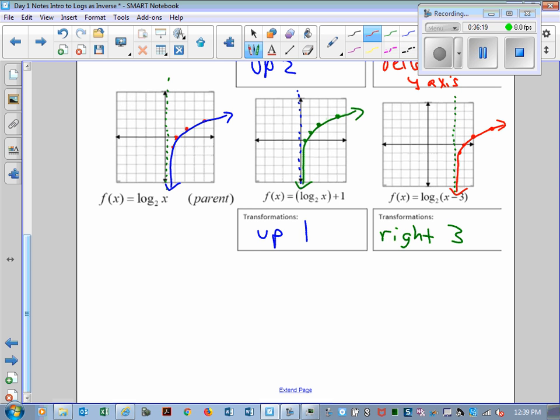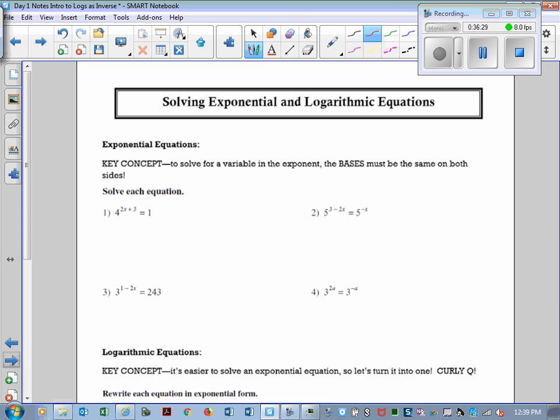Now the fun starts. I mean, graphing is okay, but solving equations, that's kind of what algebra is all about. Solving equations. Okay. Right here, the key concept: the bases must be the same on both sides of your equation. Okay?